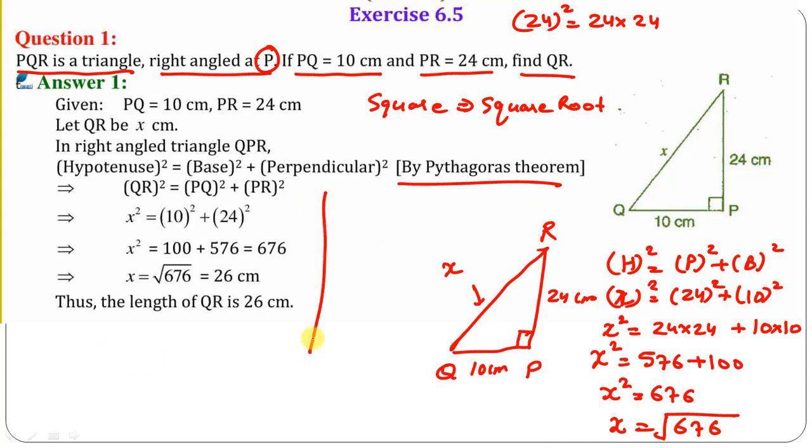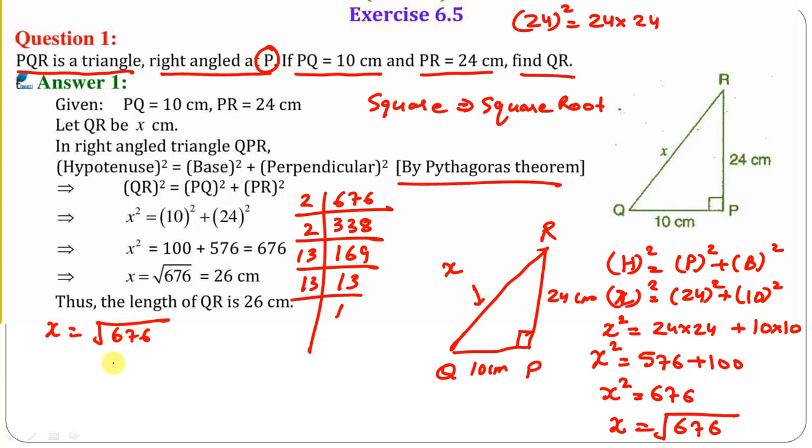In order to solve this square root, first of all we have to take the LCM. 676: divide by 2, we get 338. Next, dividing by 2 gives 169. Then dividing by 13 gives 13, and again 13 gives 1. So x is equal to under root of 676. 676 can be written as 2 into 2 into 13 into 13.